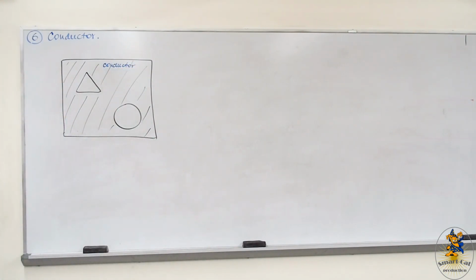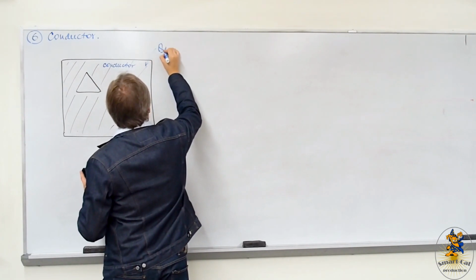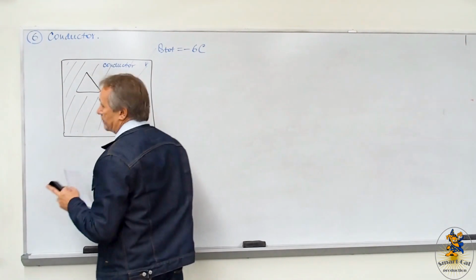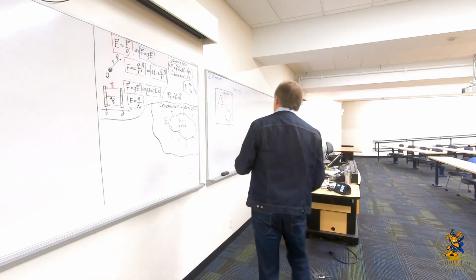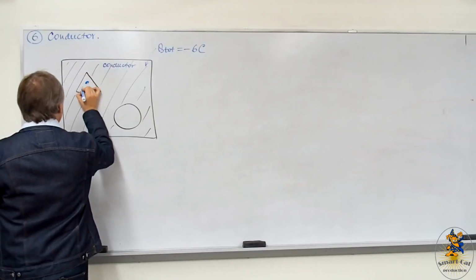Then, bless you, right? So the conductor is charged. Let me show that Q total is minus 6 coulombs. Now let me dump a few charges in these holes. So let's say over here we have minus 2 coulombs.